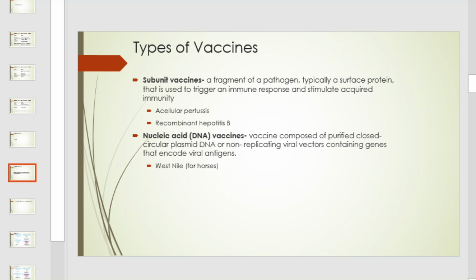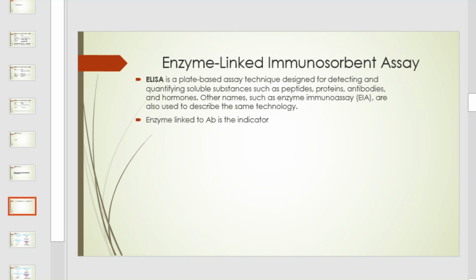Nucleic acid or DNA vaccines are vaccines composed of purified, closed circular plasmid DNA or non-replicating viral vectors containing genes that encode for viral antigens. West Nile vaccine for horses is an example of a nucleic acid or DNA vaccine.